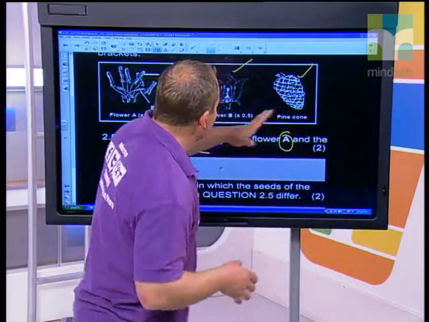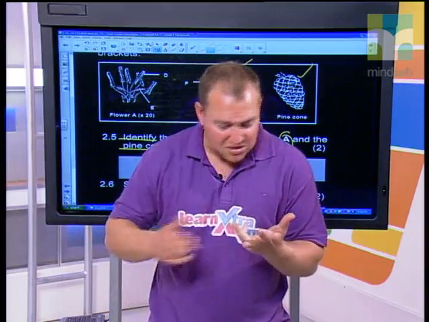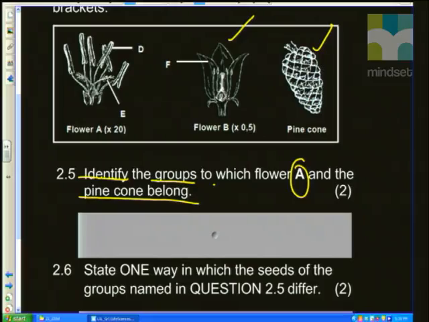And the pine cone is one just below that. If I think about it carefully, we got the moss, we got the fern. Can you remember that? The moss, the fern, and then we went to this pine cone, which is like a gymnosperm, and then we went to the flower, which is like an angiosperm. You know, all of that stuff. So I want to know the phylum of this.